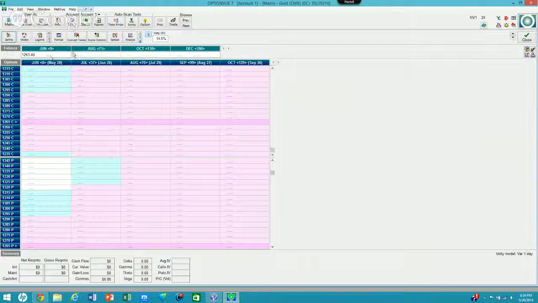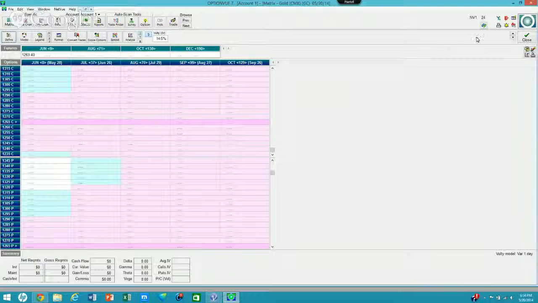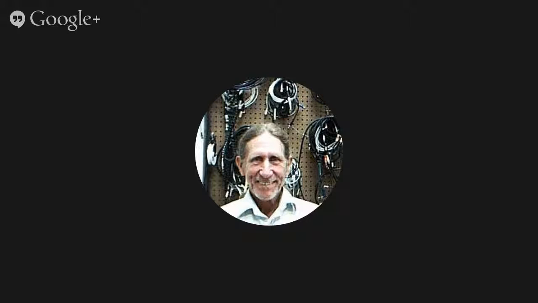How do you do it manually? Well, I'll just have to do it in another program, a little differently. It's too bad. Looks like it's not pulling any data.